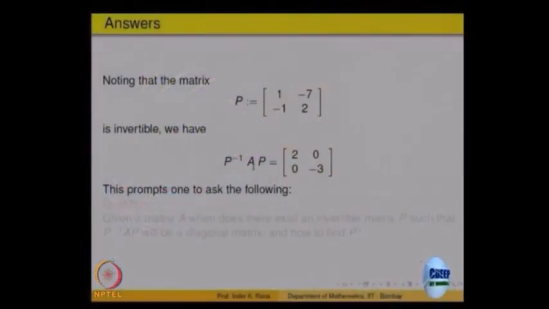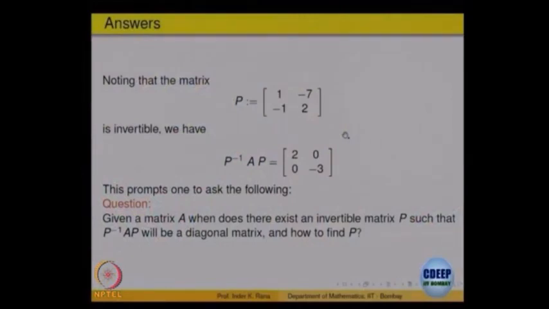So, what have we done? For this given matrix, I have found two scalars, namely 2 and minus 3. These two scalars were the solutions of determinant of A minus lambda I equal to 0. For each one of them I solved the homogeneous system and found a vector: here 1 minus 1, the other minus 7 and 2.